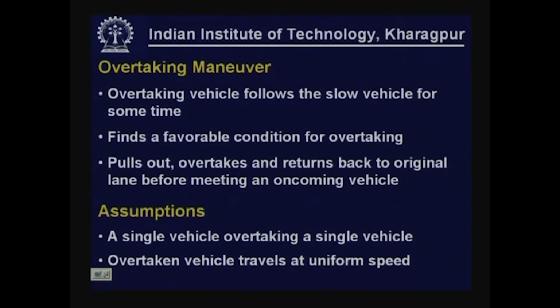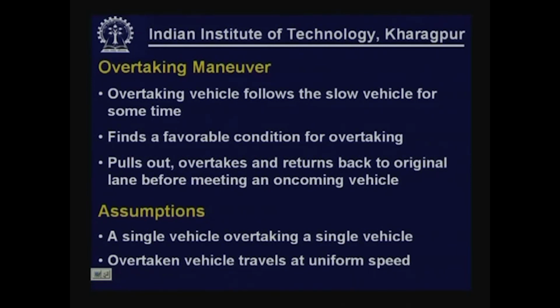When it finds a favorable condition, it pulls out, overtakes and returns to the original lane before meeting an oncoming vehicle from the opposite direction. That is the process for overtaking.